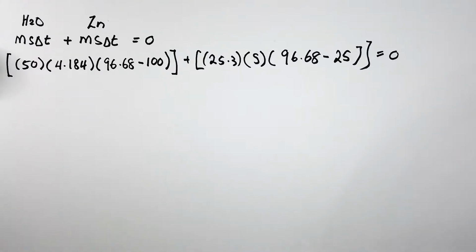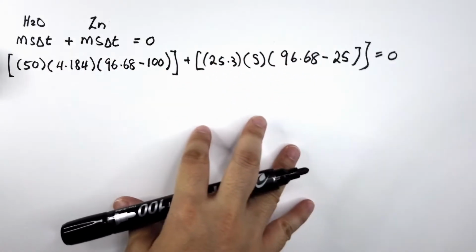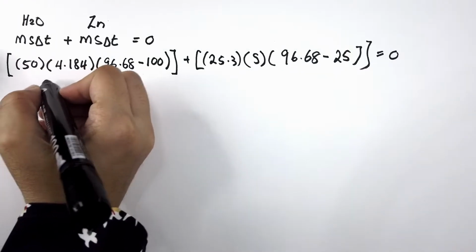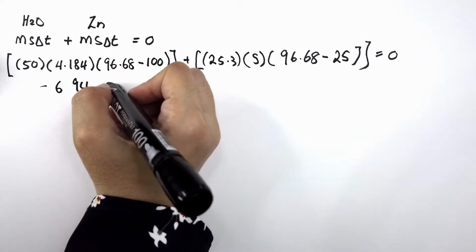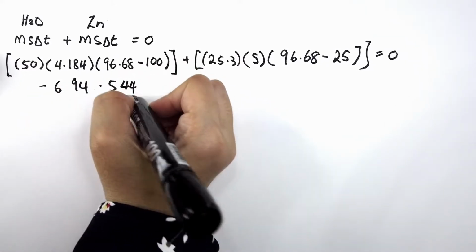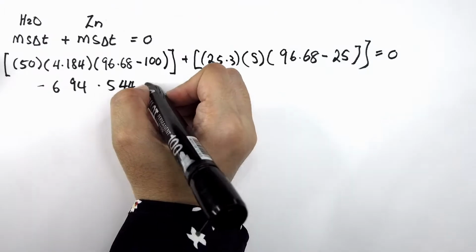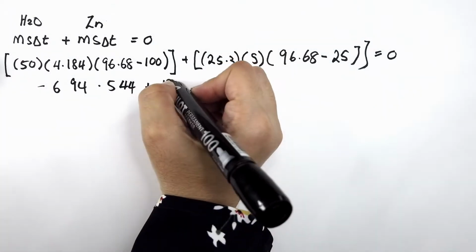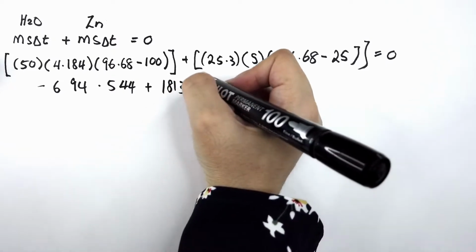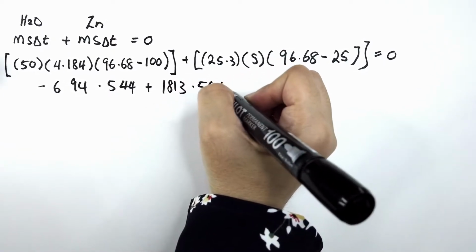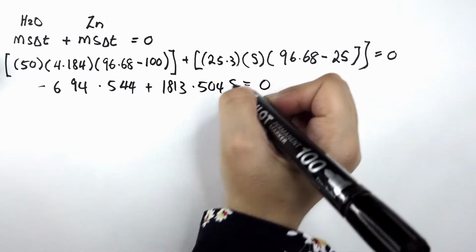So after this, you need to press your calculator. You should get negative 694.544 plus 1813.504 S is equivalent to 0.